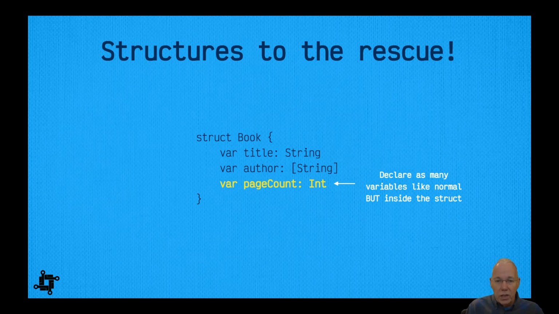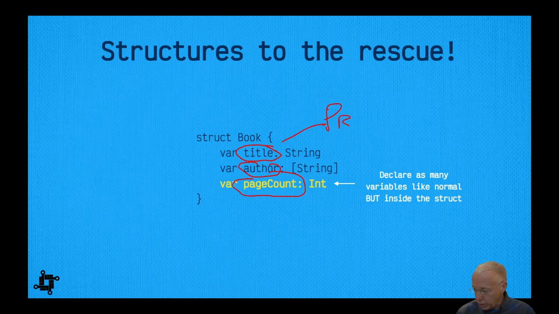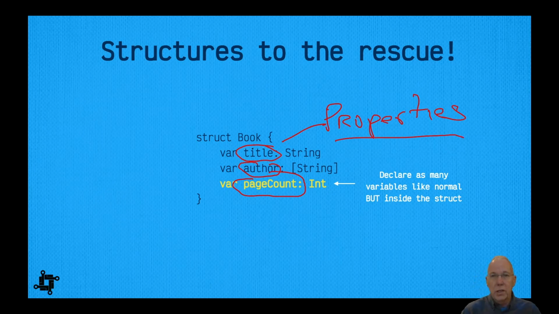And every one of these, title, author, and pageCount, are referred to as properties of the struct. So just to reinforce that, title, author, and pageCount are all referred to as properties. These are properties of the struct.